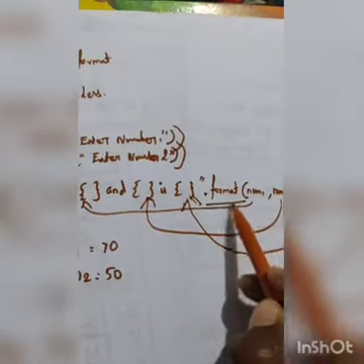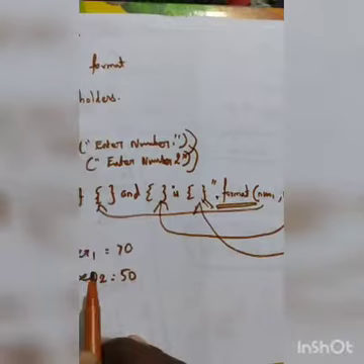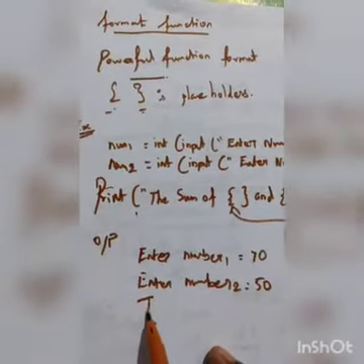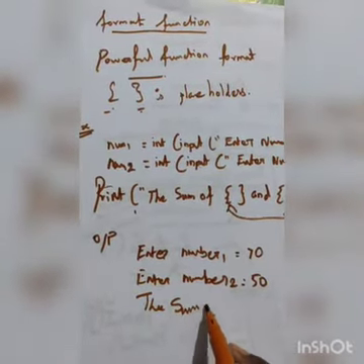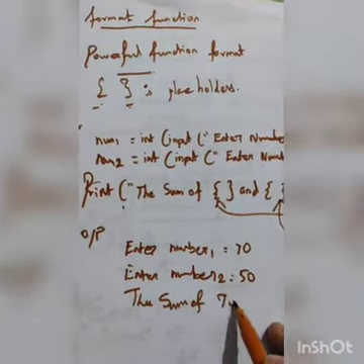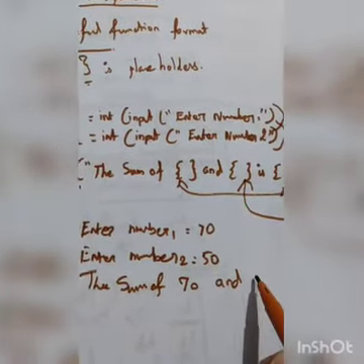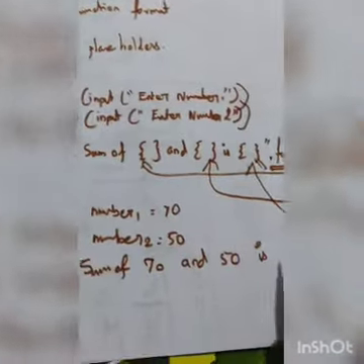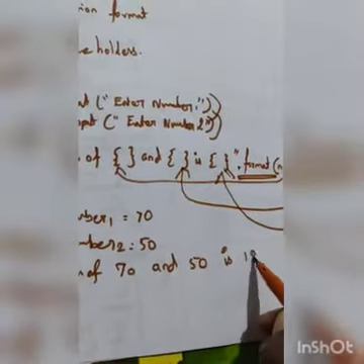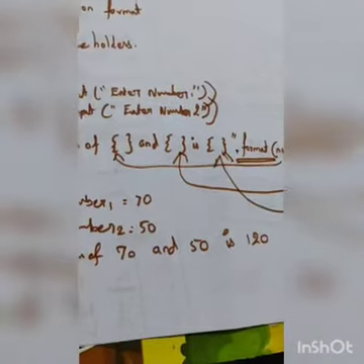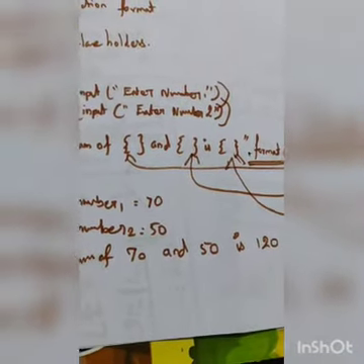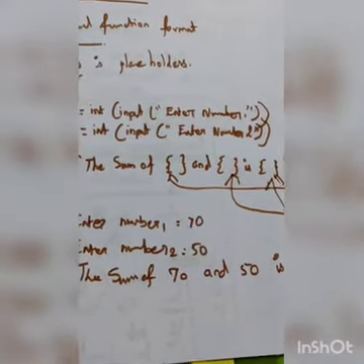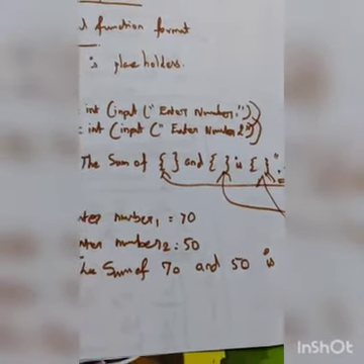That is how the format function is used for designing the output. So the result is: the sum of 70 and 50 is 120. That is the answer. This is how you use the format function.